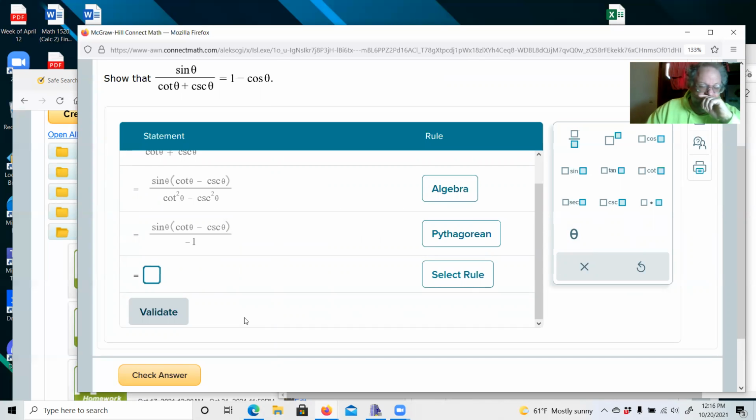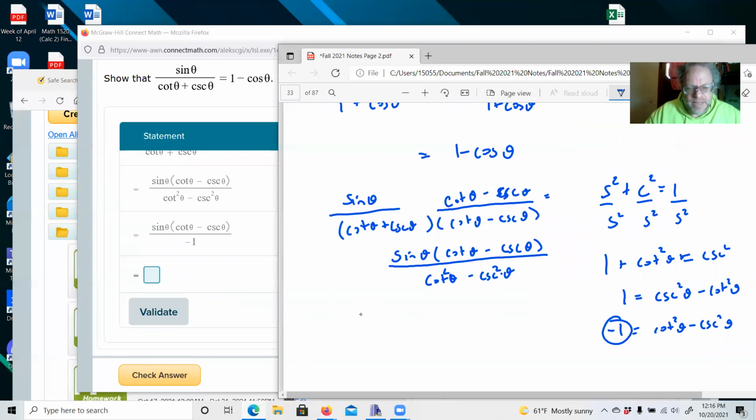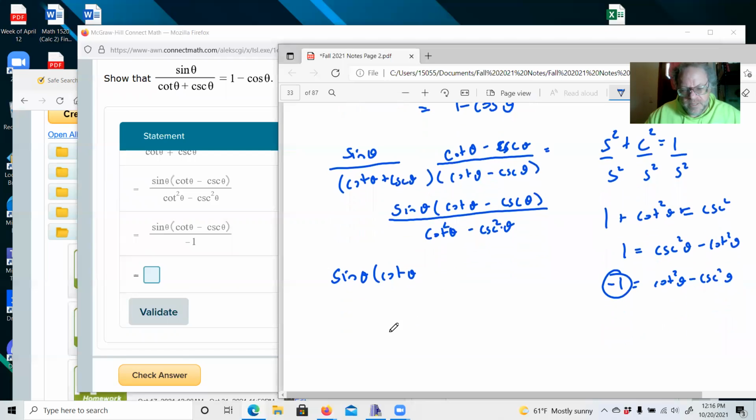So let's see here. Next is going to be sine theta times cotangent theta, which is cosine theta over sine theta, minus sine theta times 1 over sine theta, because that's cosecant.